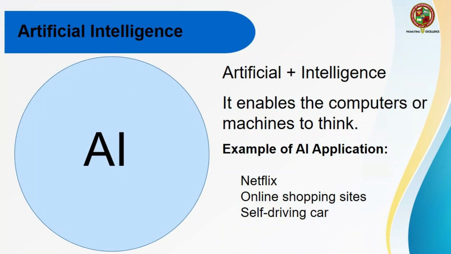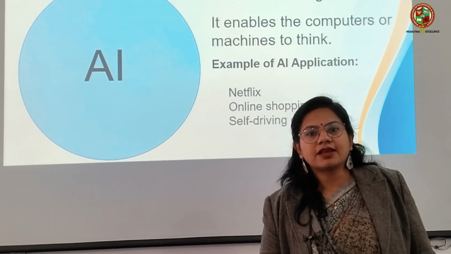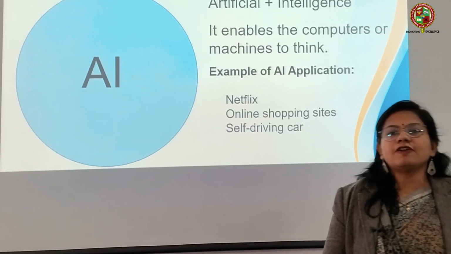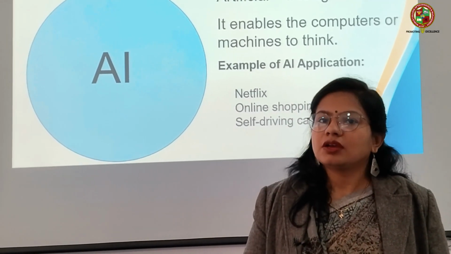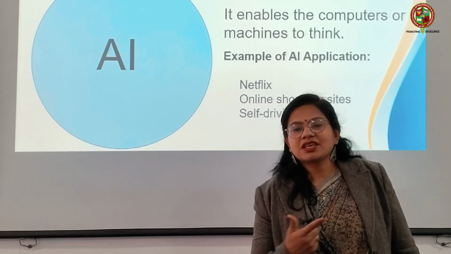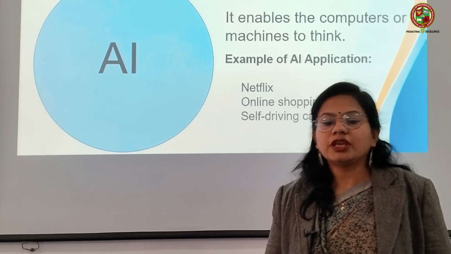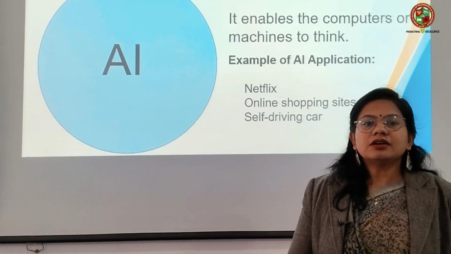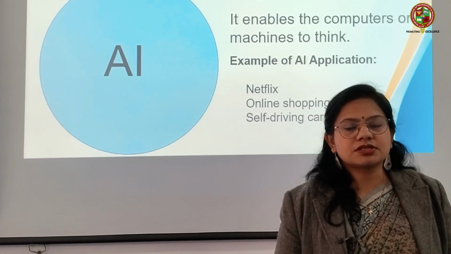Now, some examples of AI applications are Netflix, online shopping sites, self-driving car. Let's take an example of Netflix. Hope you guys see a lot of movies on Netflix. When you see a movie on Netflix, let's say action movie, comedy movie, then there is a functionality which we call recommendation system.